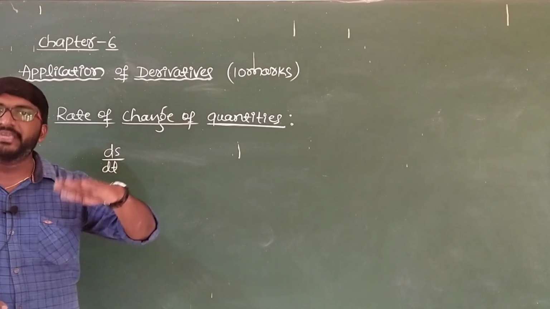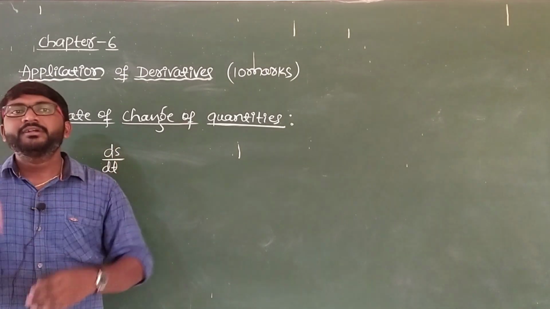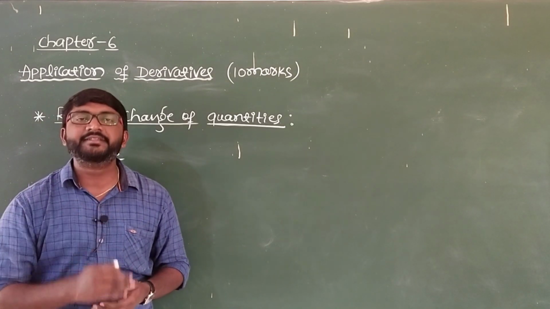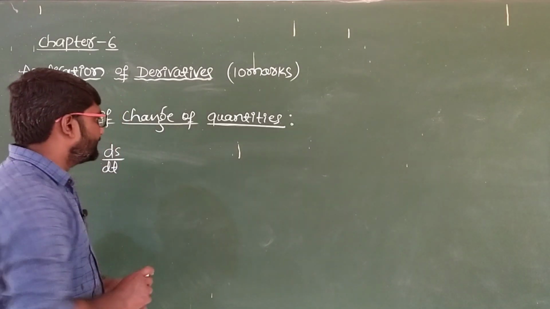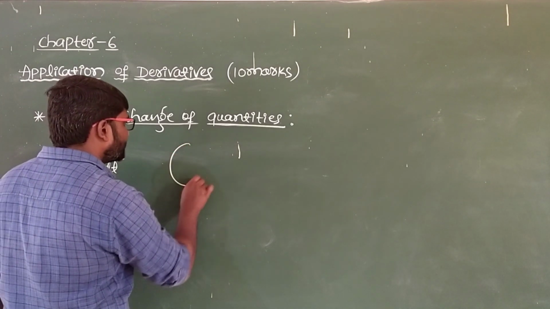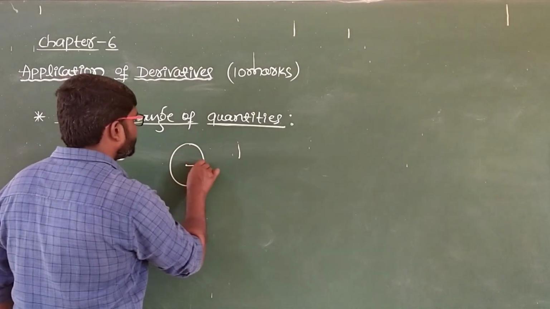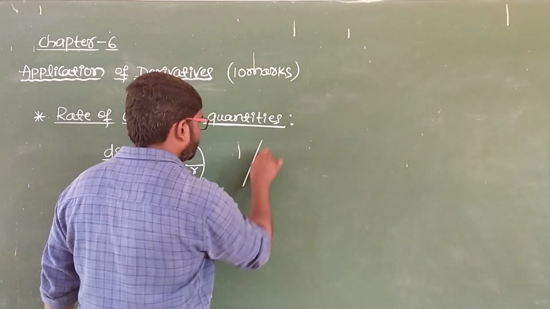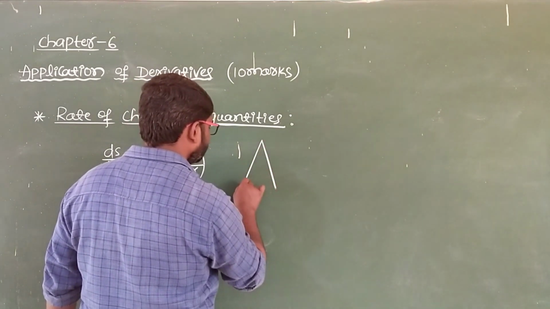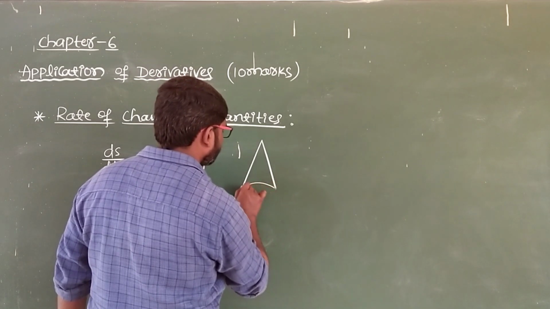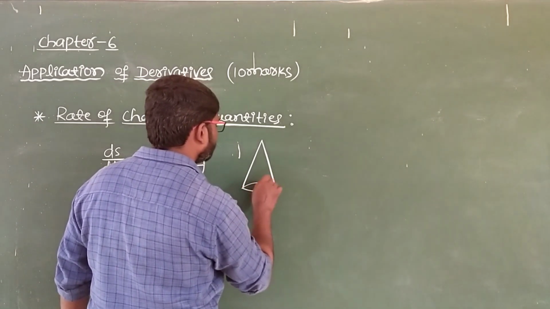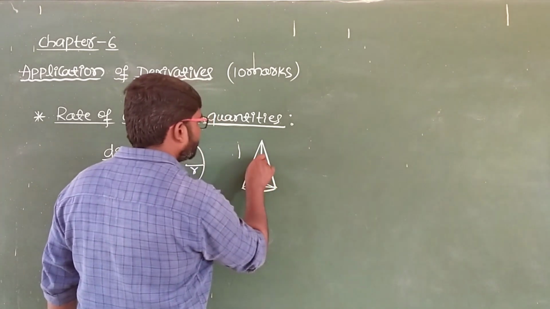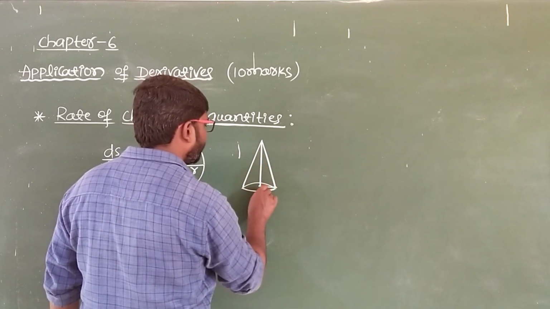Or if you take the area and volume, they will be changing with respect to the radius or the time. For example, if I take this circle whose radius is r, and we'll take the cone, this will be the height and this will be the radius r.